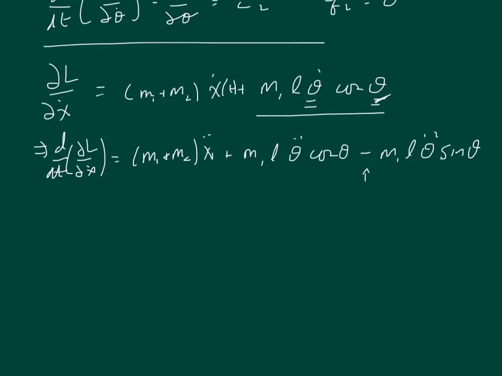Okay, and the partial of L with respect to x is equal to 0, since x does not appear in the Lagrangian all by itself.